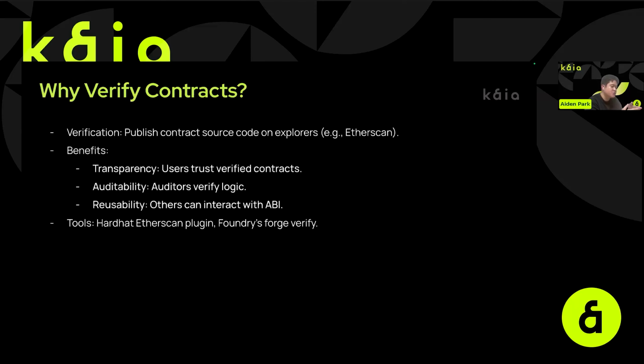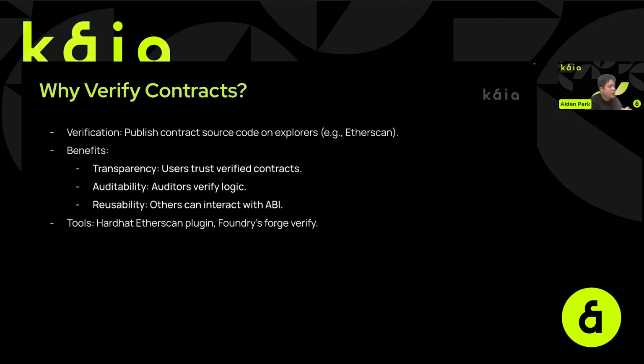You might not be sure how the contract works, from the developer's perspective. If we verify the contract on the explorers, the users, especially developers, can trust those contracts because there are verified source codes.